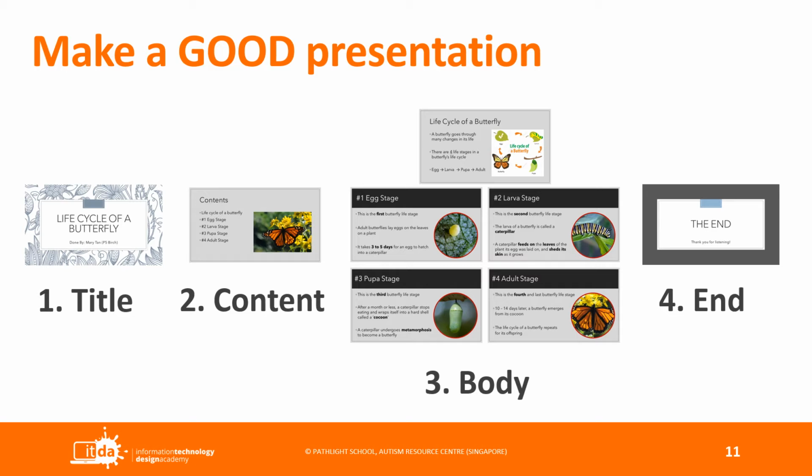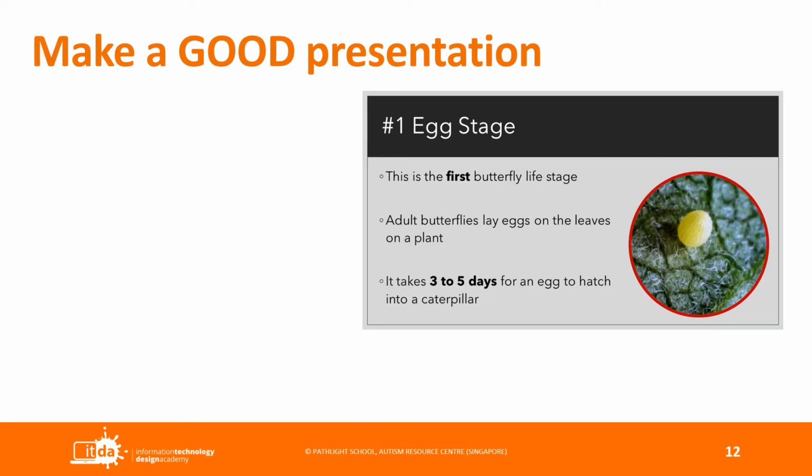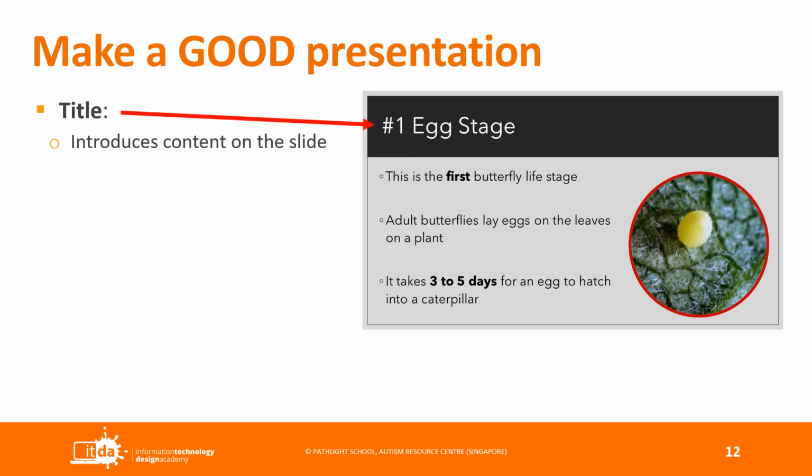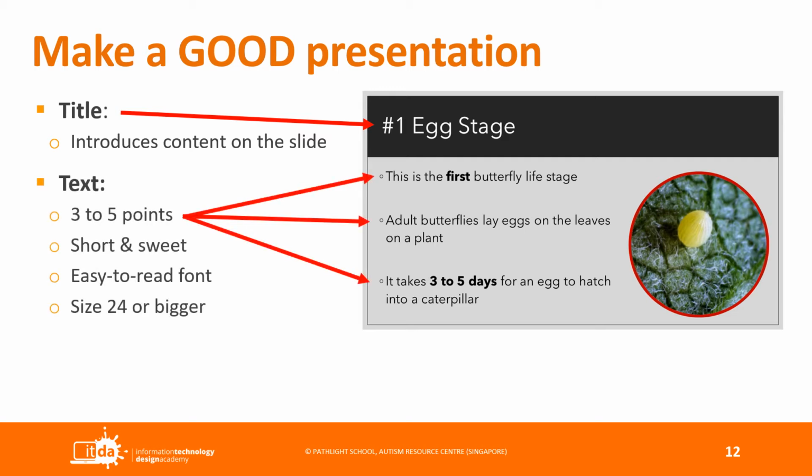So now, what are the important things we need to have on each of these slides? We have to remember that if we want to make a good one, we have to always add a title in each slide. What is the content on that slide? You got to introduce it. Okay, if you were to add text, you have to keep your text short and sweet, maybe just 3 to 5 important points, easy to read font, make a big size 24 or bigger.